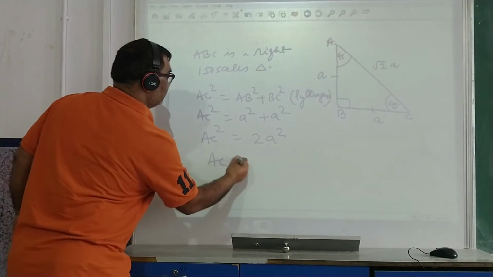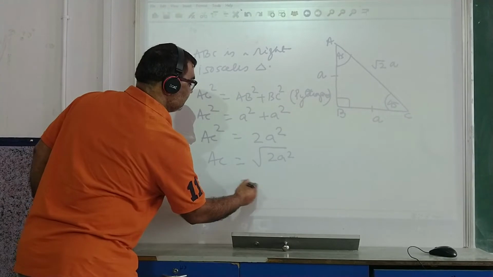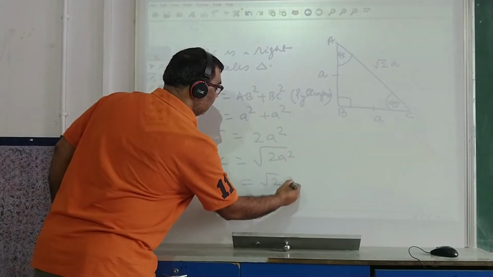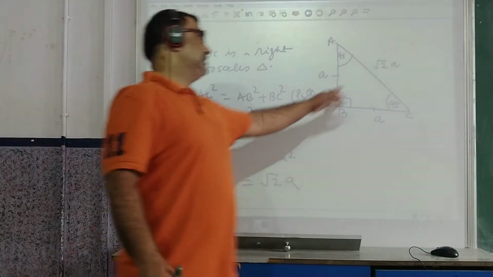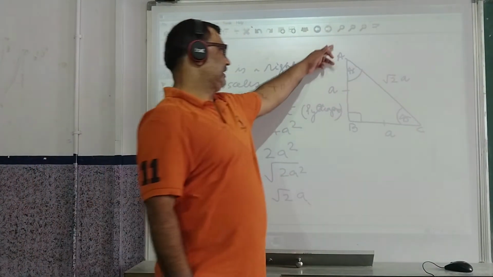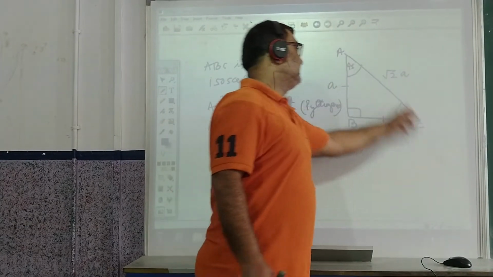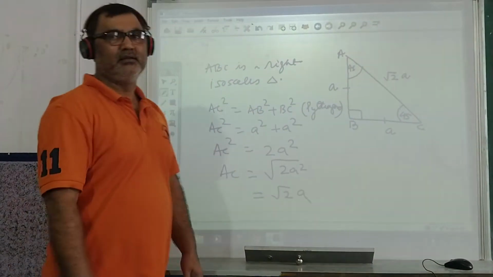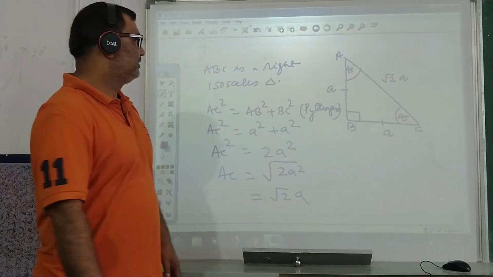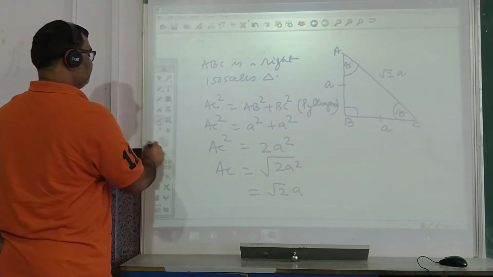So AC is equal to root under 2A square. So can I write root 2A? Now we have all the three sides, AB as A, BC as A, AC as root 2A. Now we can easily find out the values. So let's move on.